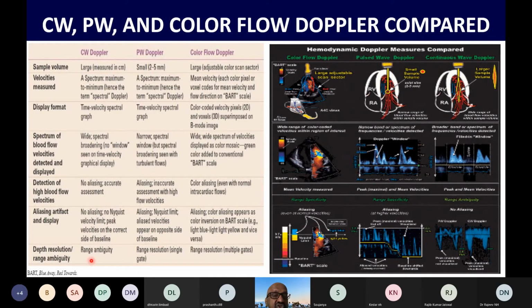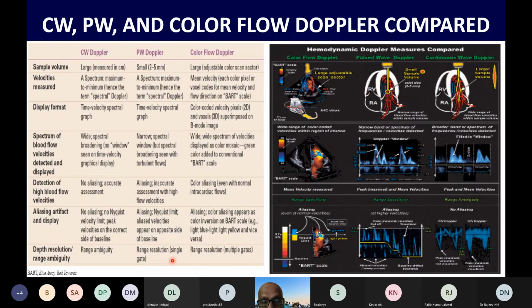The depth resolution is not possible here in continuous wave Doppler, whereas in pulse wave Doppler, you know where the velocity is changing. That range is called range resolution, and it is possible. So this in principle is about something about Doppler.